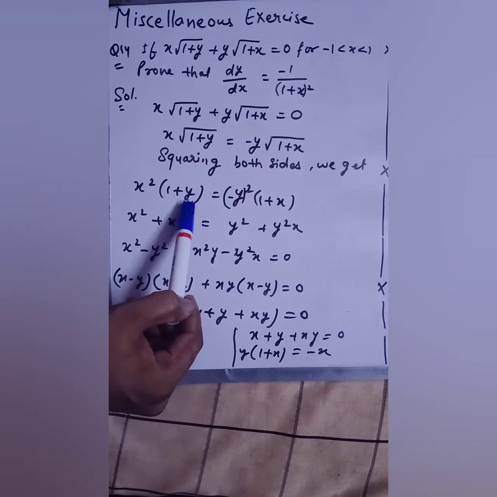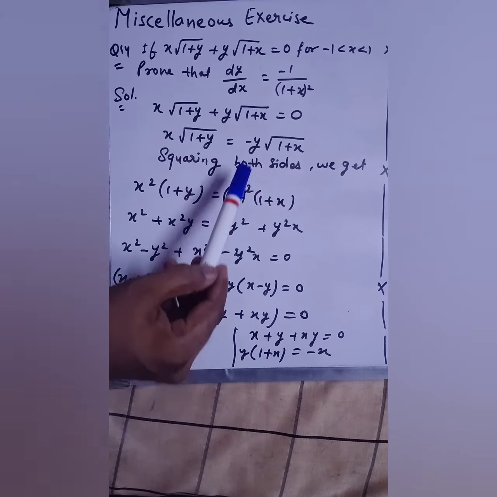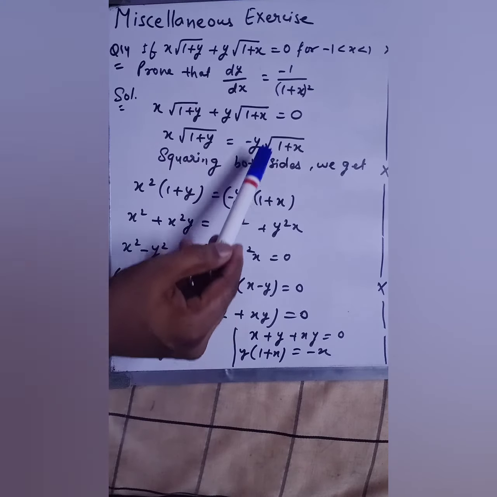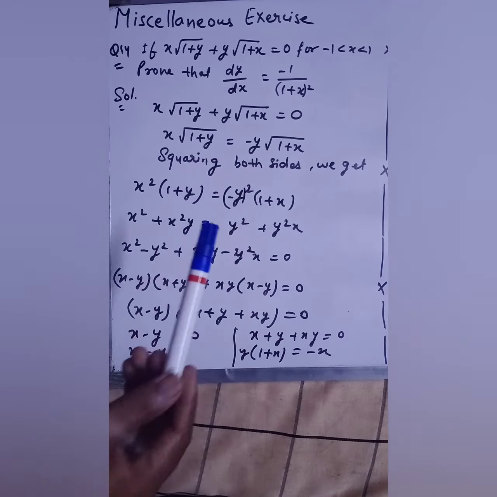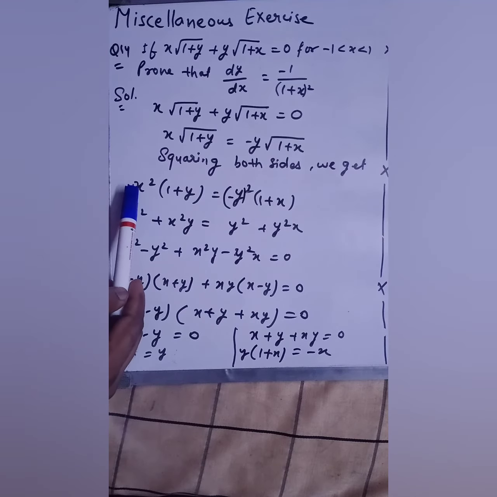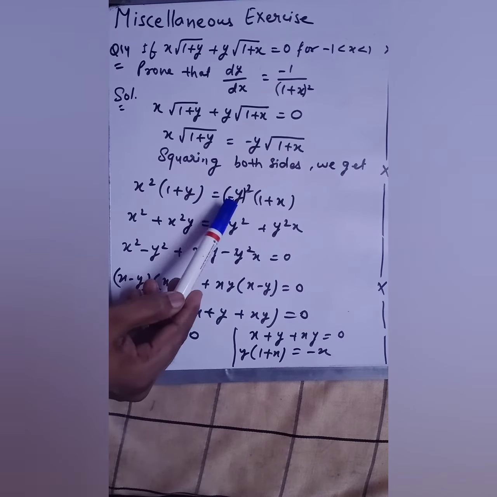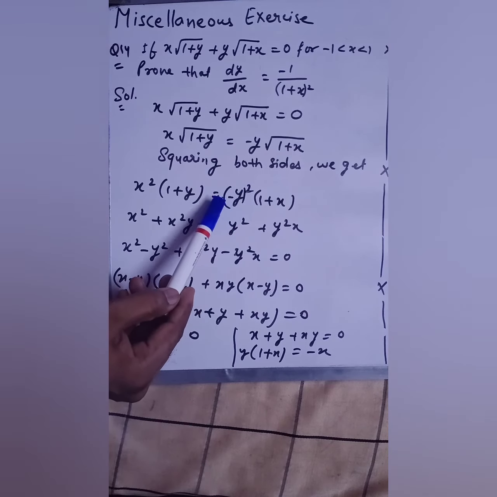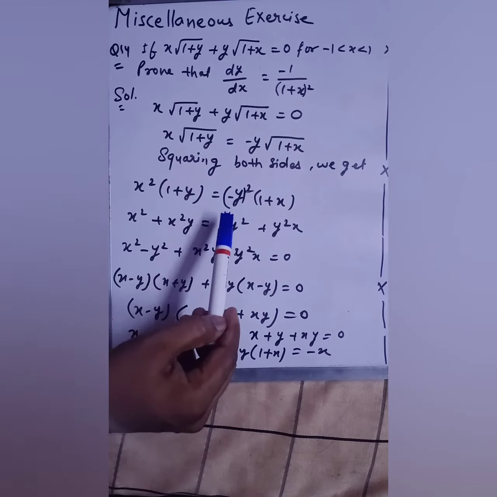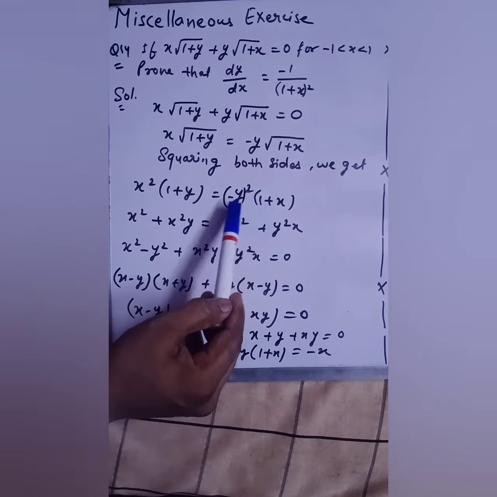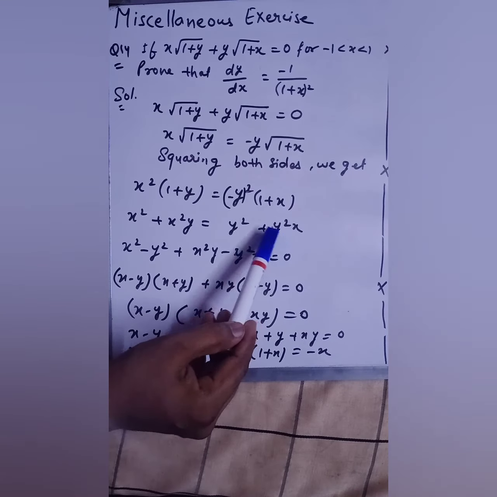This will give you (1+y), and this will give you y² and (1+x) only. Okay, so you have to insert this x² into this, so this will be x² and x²y, and similarly this is y², because the power is 2, so ignore the minus sign, and you will get y² plus y²x, like this.